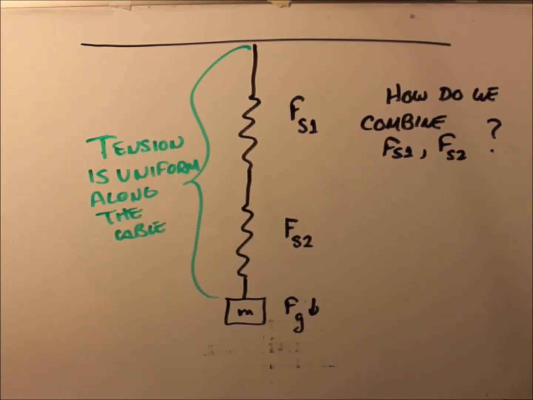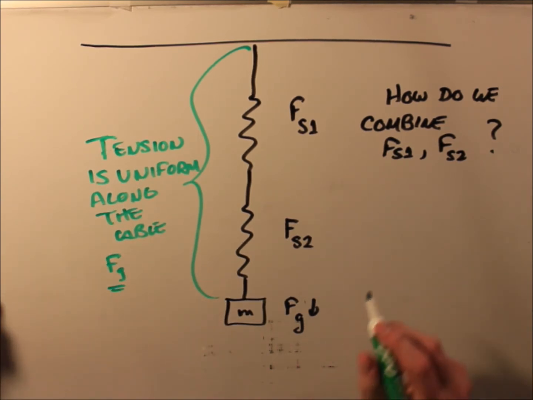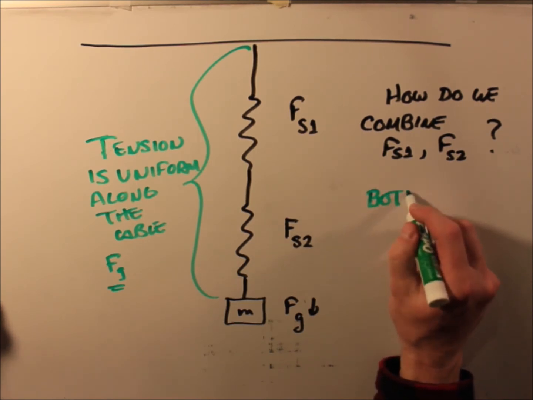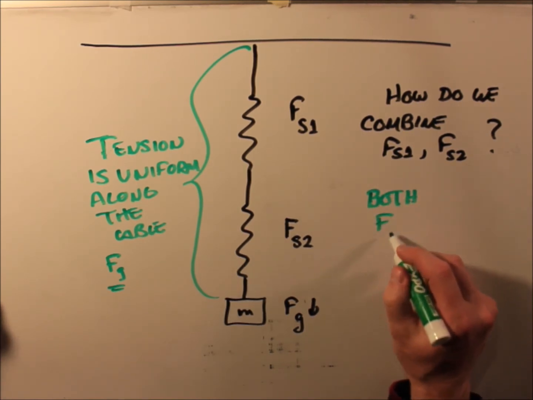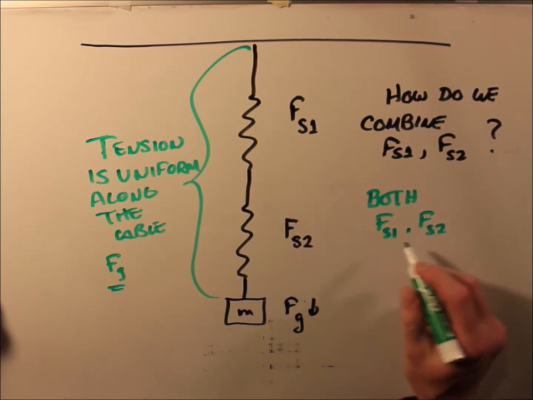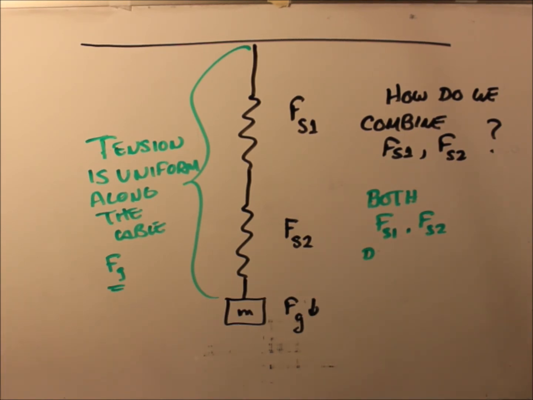It's all the way along, and it's equal to the force of gravity. And so what we end up with is both the spring force 1 and spring force 2 deflect, or extend, let's use that word instead.